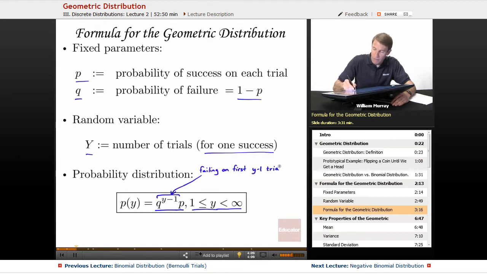So your first 5 coin flips have to be tails. And then this 1 power of p at the end means you succeed on the yth trial. So if you're flipping a coin, that means on the 6th time you flip the coin, boom, you get a head. And there's a p probability of succeeding on the yth trial.